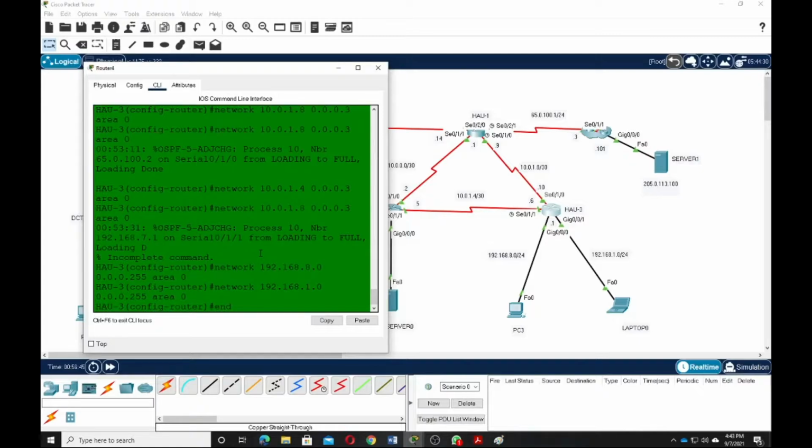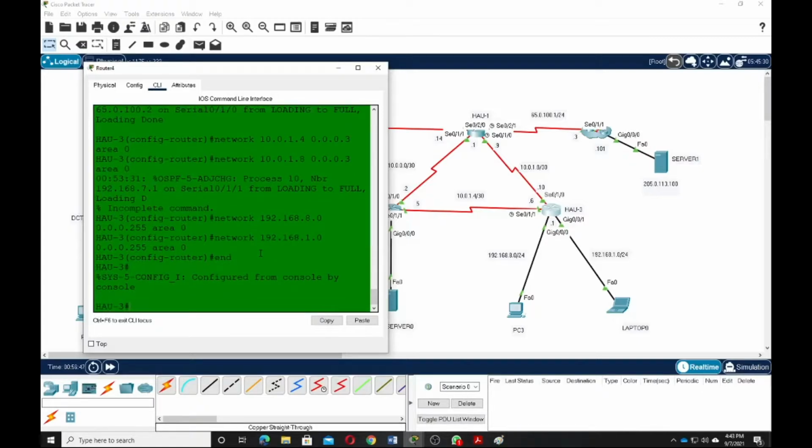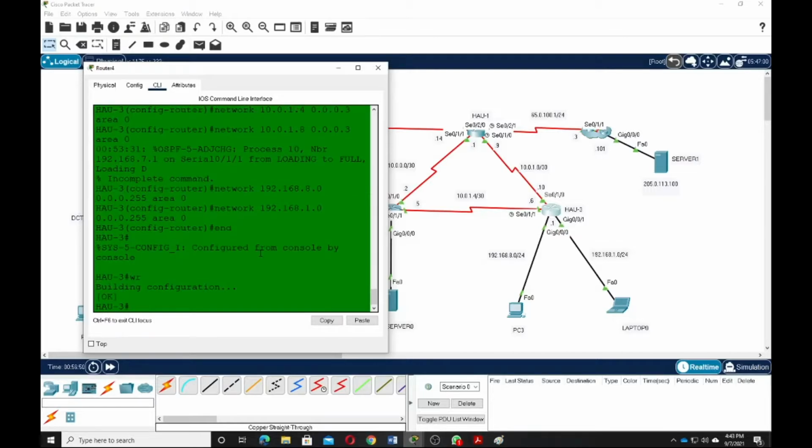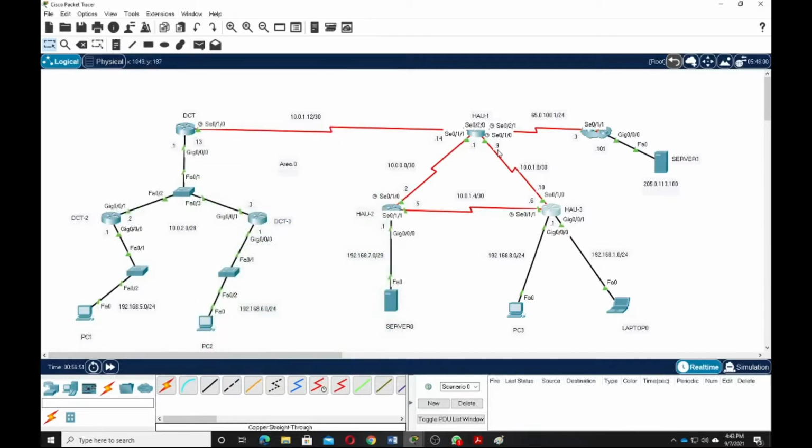Alright, so end. Okay, so we're done with the configuration of HAU using the network command.